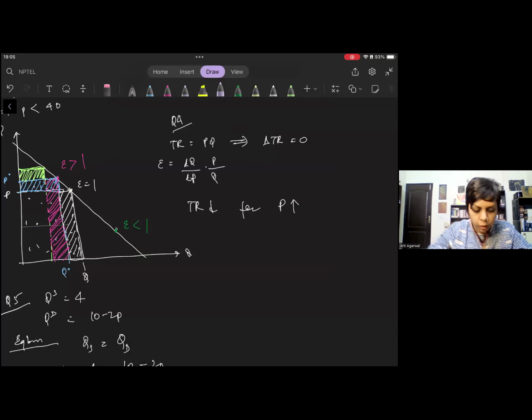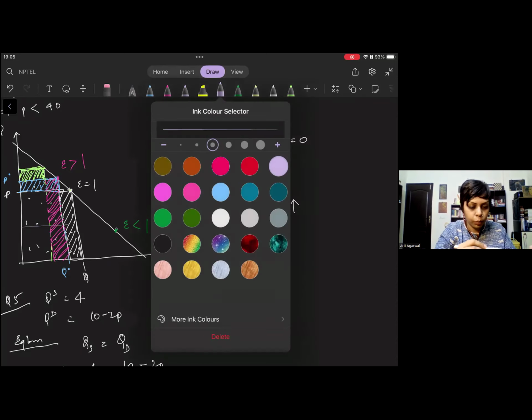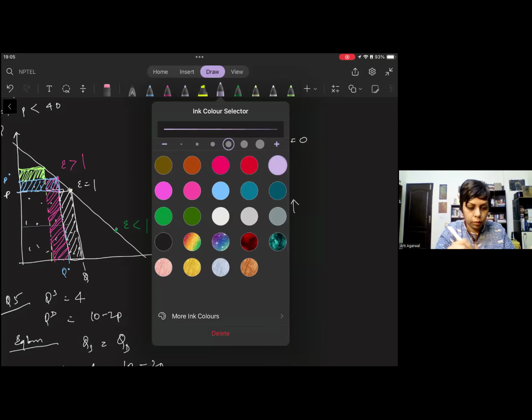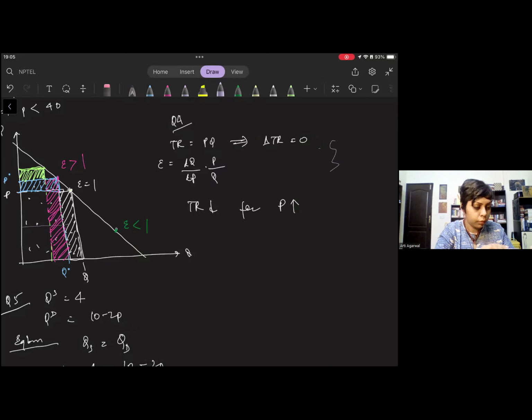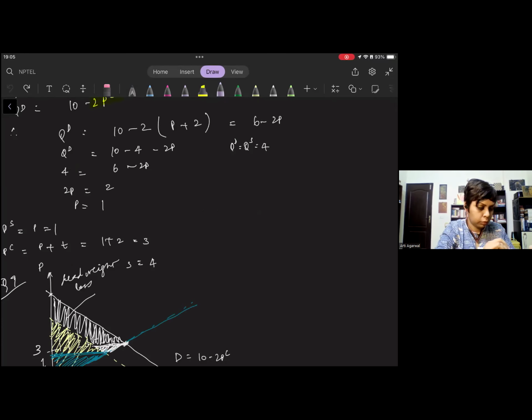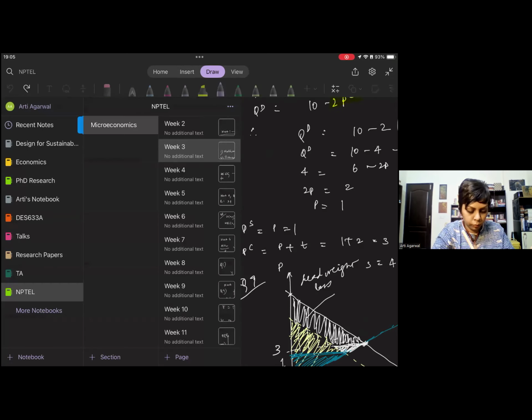So Ma'am, is it in the monopoly case, ma'am? I'm just explaining in general right now. Your question is specific to monopoly. Yes, ma'am. Okay, what is your question? Ma'am, basically, if the demand is elastic, that is epsilon is more than 1, then we know that MR will be positive, ma'am.